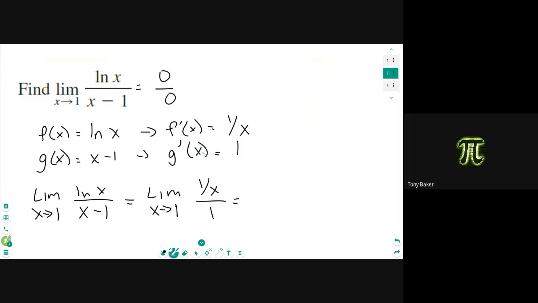It's not the derivative of ln of x over x minus 1. Because if you remember when we did the quotient rule, we would have had to do f prime, that whole thing. We're not doing that. You're looking at them as two separate, unique, individual things. The derivative of the top over the derivative of the bottom. Find the limit of that one. It still gives you the exact same limit as the original problem.